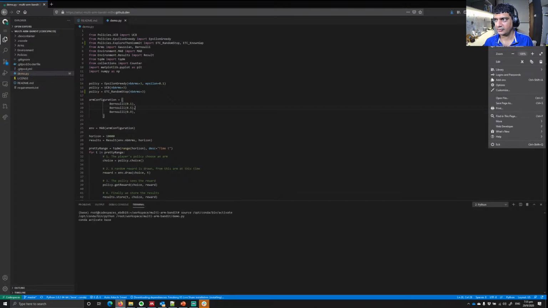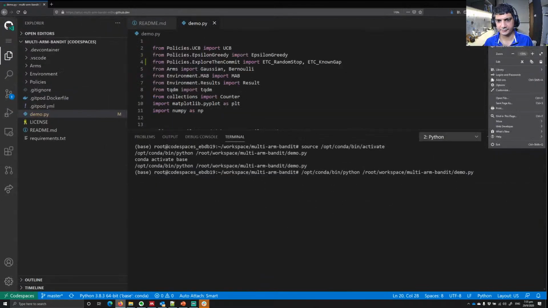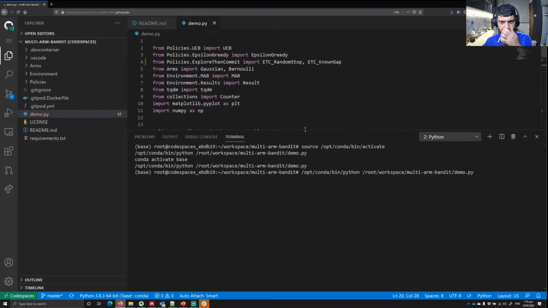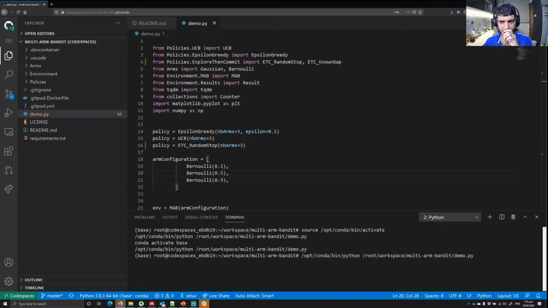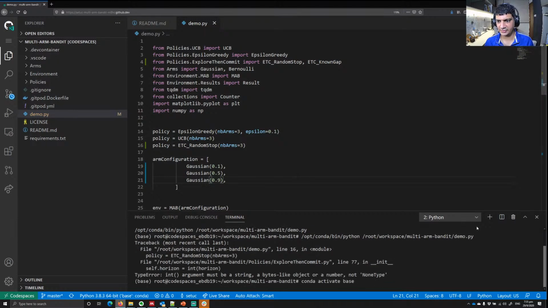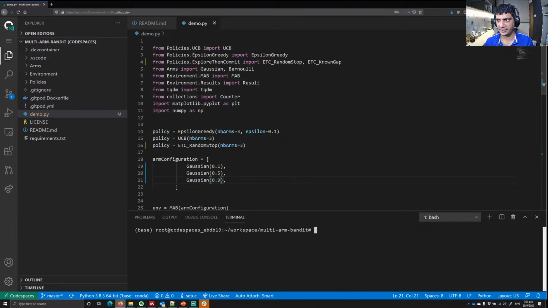Let me run the code and zoom in a bit. Maybe the Bernoulli arms are a little bit too much. Let's just kill the terminal again and start with Gaussian arms.